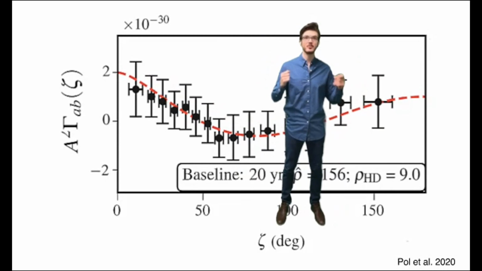The way to detect this background is by looking for changes in the distance of pulsars. Very specific changes shown by our pulsar dance. If we see those changes encoded in the pulsar signals, we've detected the gravitational wave background.